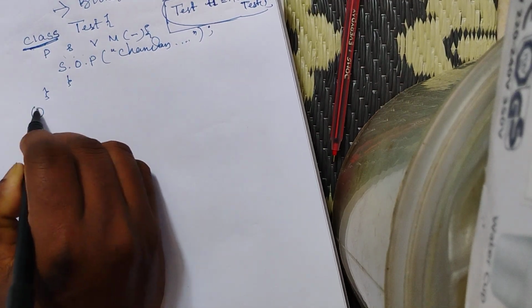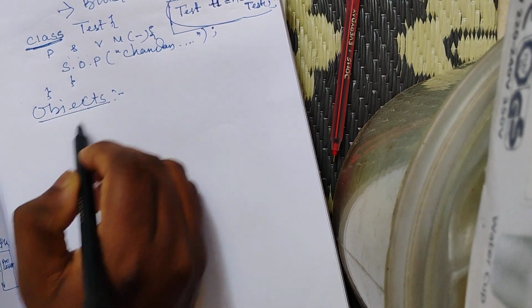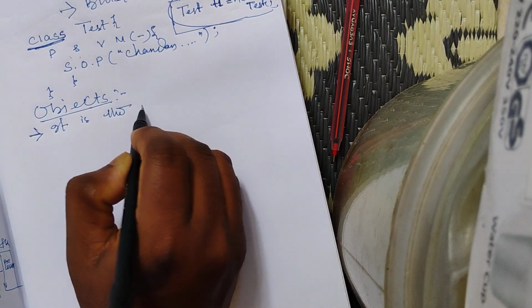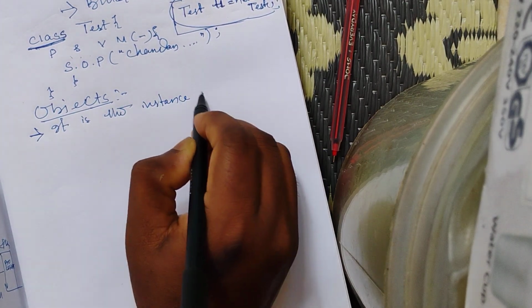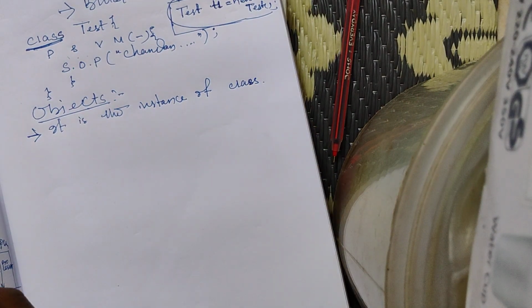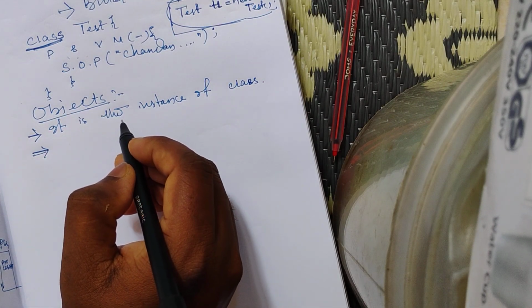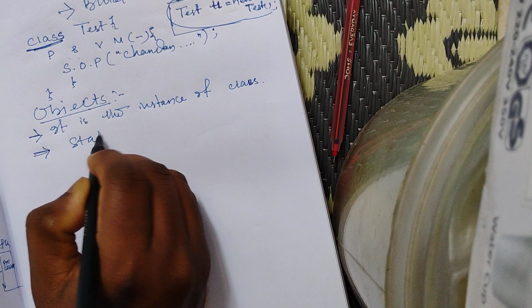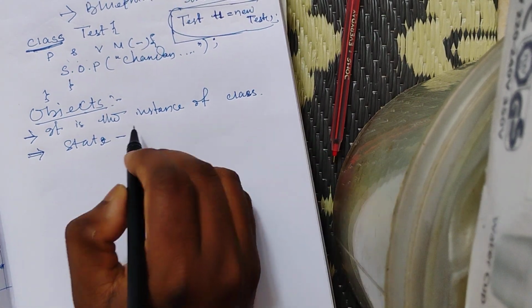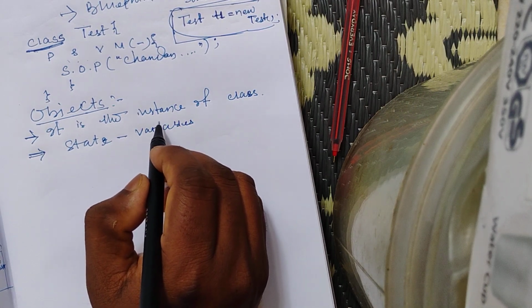Let's talk about object. Object is the instance of class. It has some state and behavior. State means variables. You have to remember this.